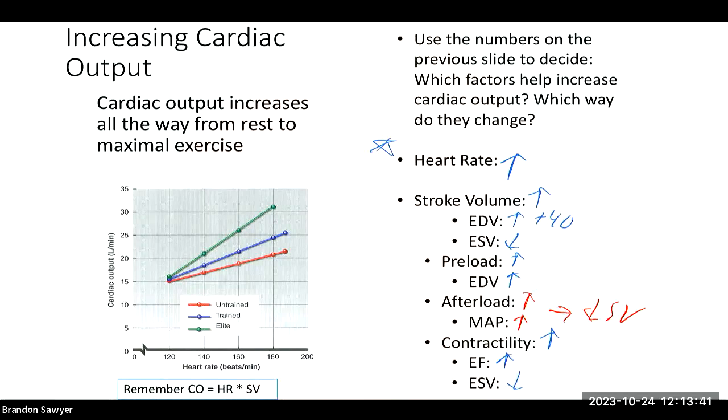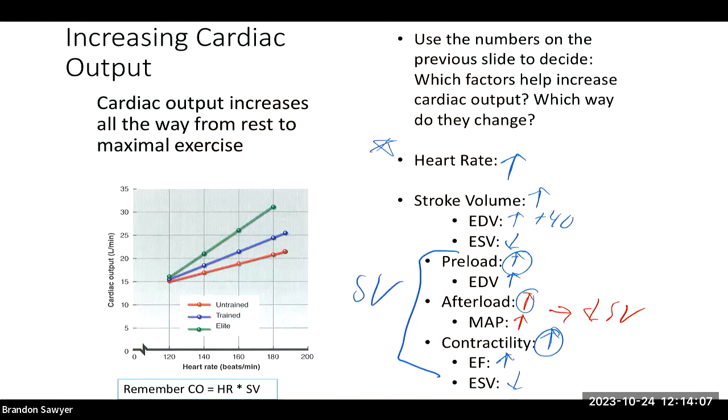So it doesn't actually decrease stroke volume, so don't think that. These are our three factors that dictate stroke volume, right? Preload goes up, contractility goes up, afterload goes up, but that has an inverse relationship with stroke volume. Preload has a direct relationship. As preload goes up, stroke volume goes up. As contractility goes up, stroke volume goes up.